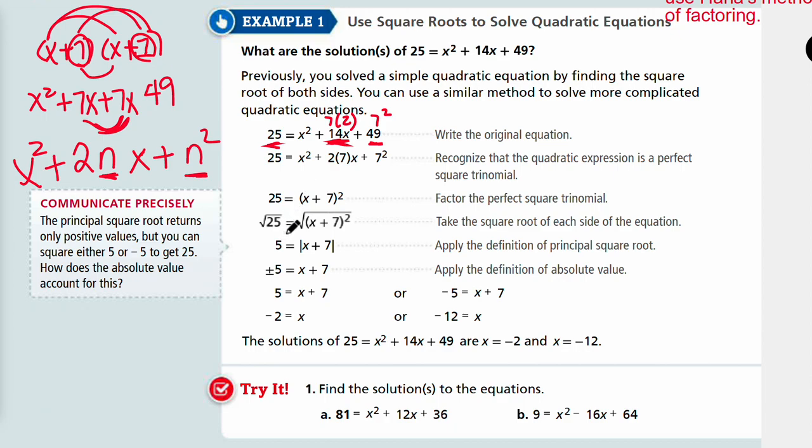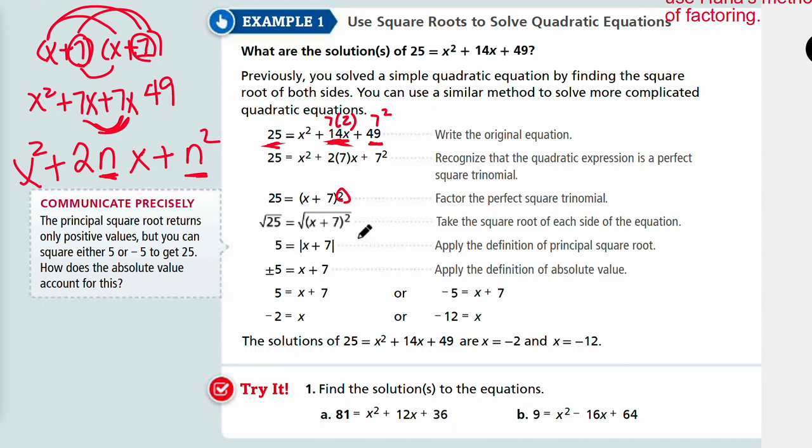So then if you square root, that's going to be positive 5, and that could be x plus 7, but it has to be absolute value, because this is a square. If you square the negative or the positive, it will both make a 25. So you'll have 2 solutions, right?